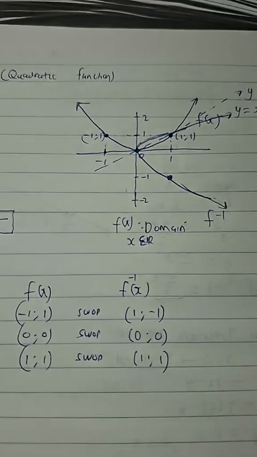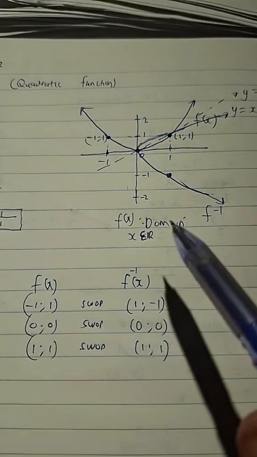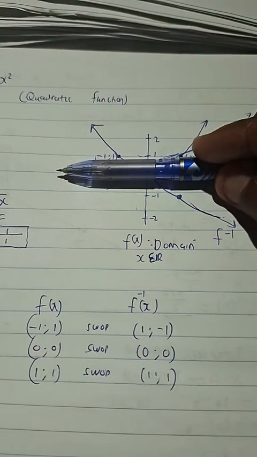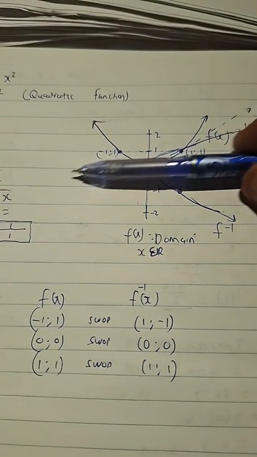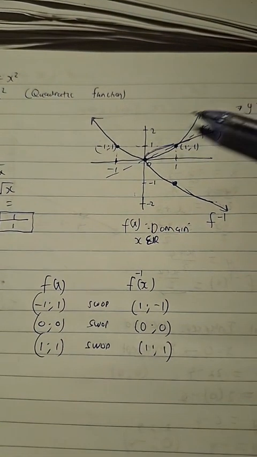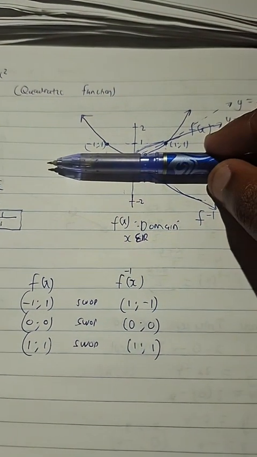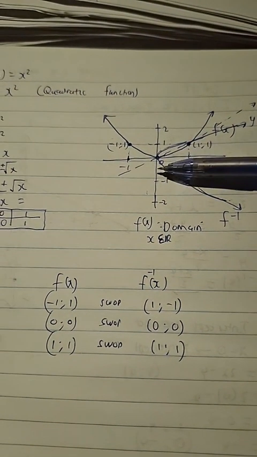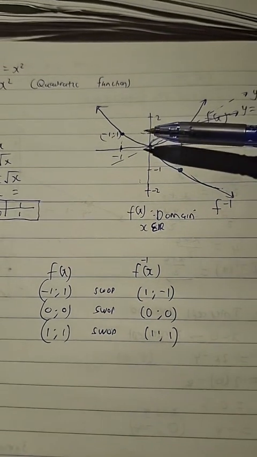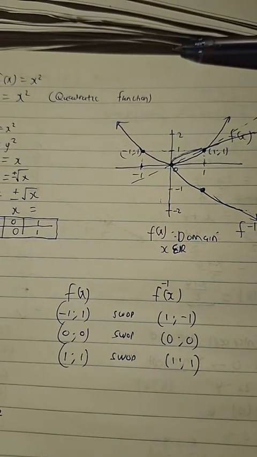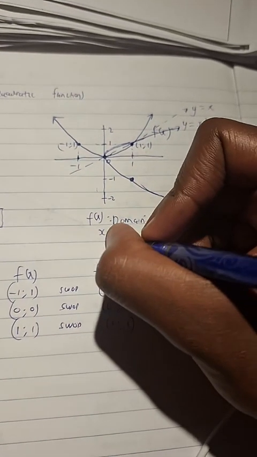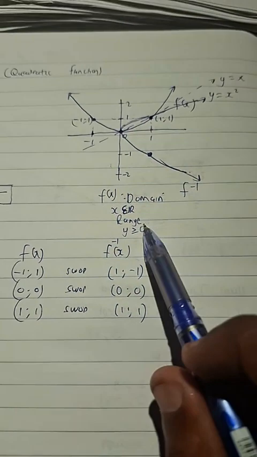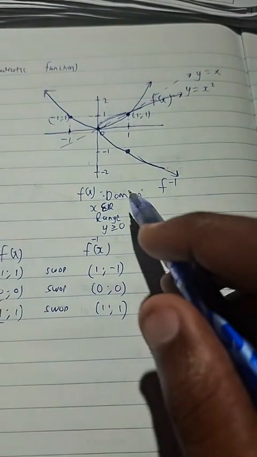And then the range: the function has limitations in the sense that it does not exist everywhere for y. On the y-axis it exists on and above the x-axis. So the range is going to be y is greater than or equal to 0.